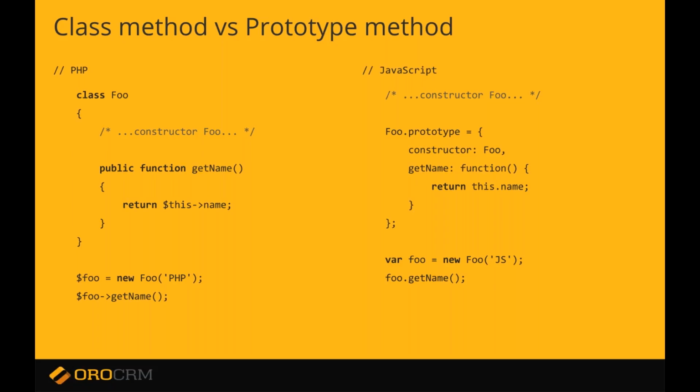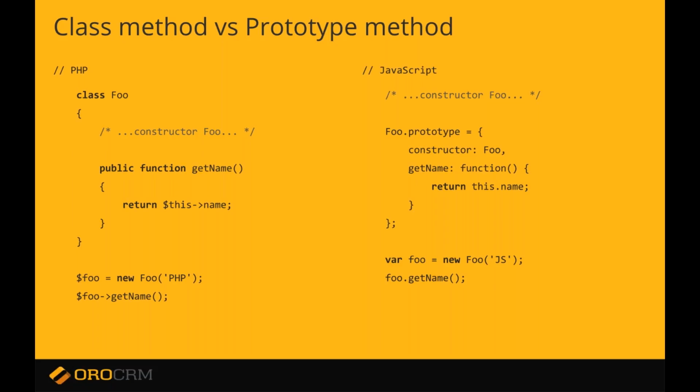Prototype is an object, and this object has two properties. Each of them is a reference to a function, which makes them methods. So the first method, constructor, is a reference to our constructor function, and the second method is the getName method, and the logic is pretty much the same as we have in PHP.